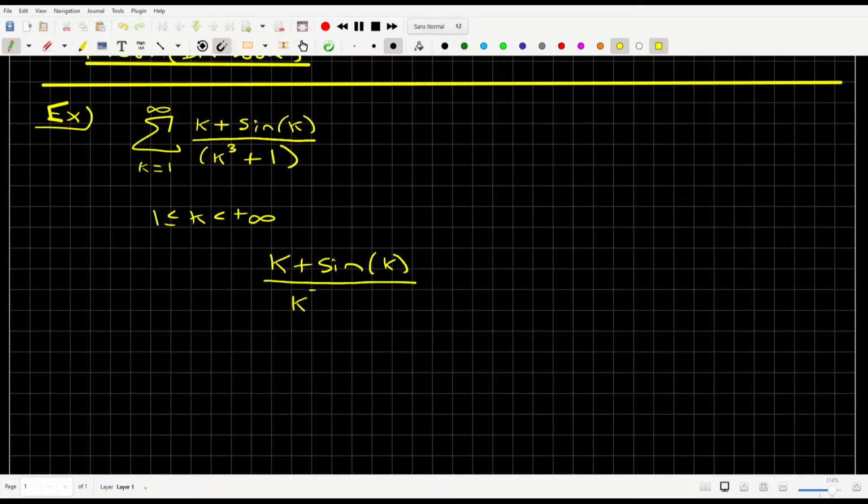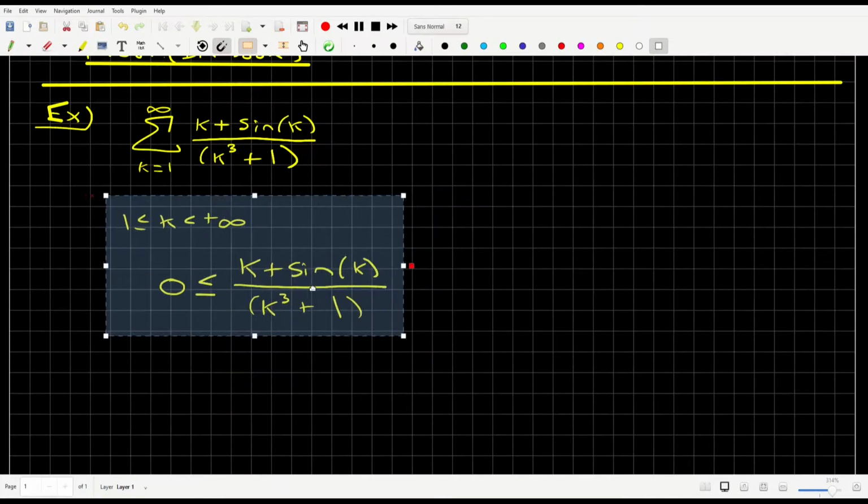And the first thing that we have to verify is that this is always positive if we're going to apply the direct comparison theorem, which is certainly true because when k is between 1 and positive infinity, you know that sine of k will always be bigger than or equal to negative 1. And because k starts at 1 and is always greater than or equal to 1, this numerator term is always going to be positive.